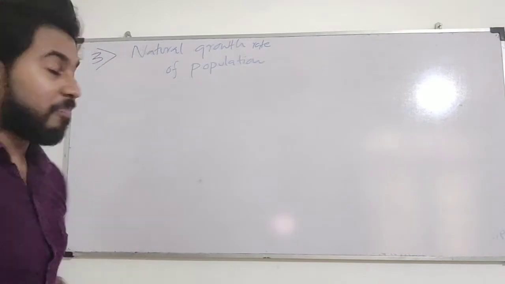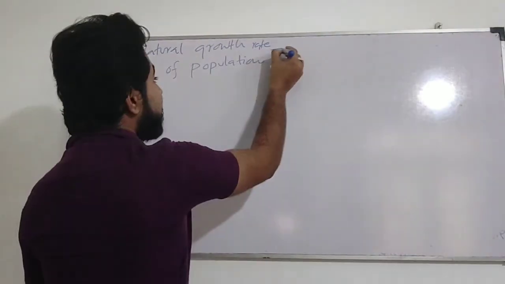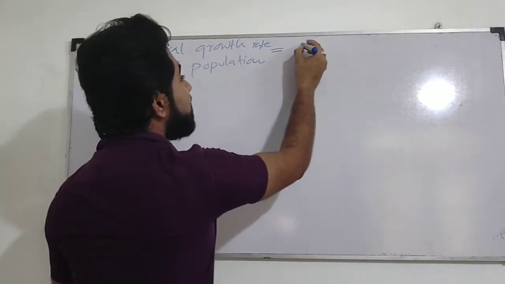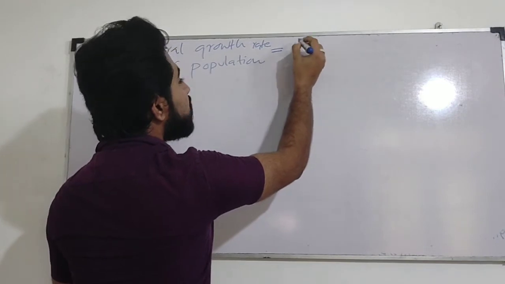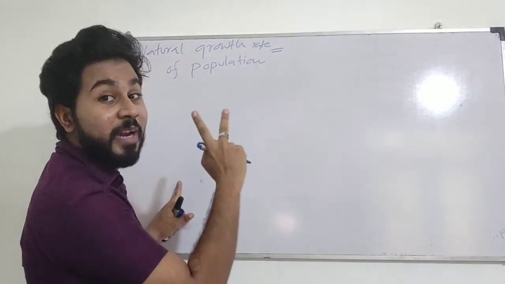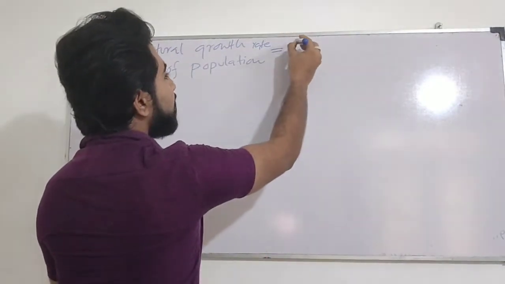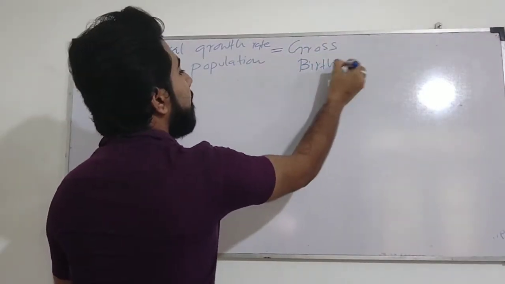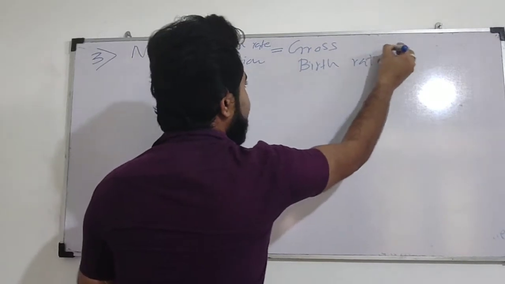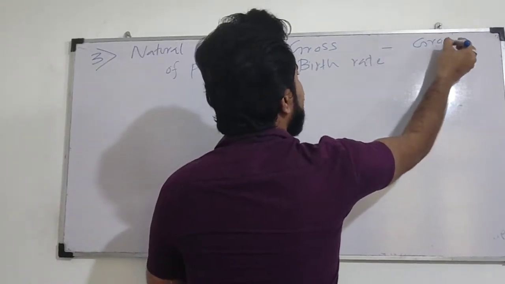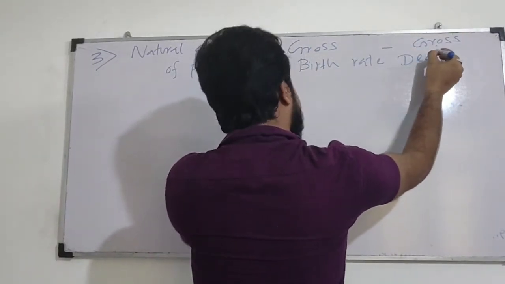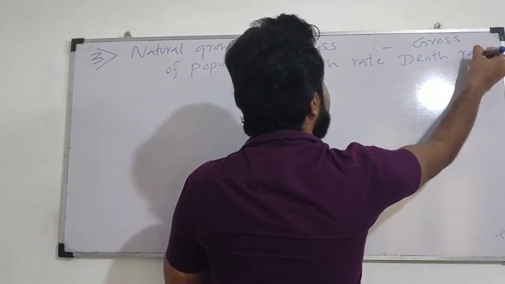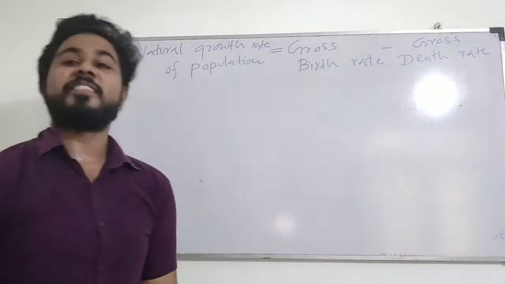Ladies and gentlemen, please keep in mind, natural growth rate of population is equal to the difference between the last 2 ratios. That means gross birth rate minus gross death rate.